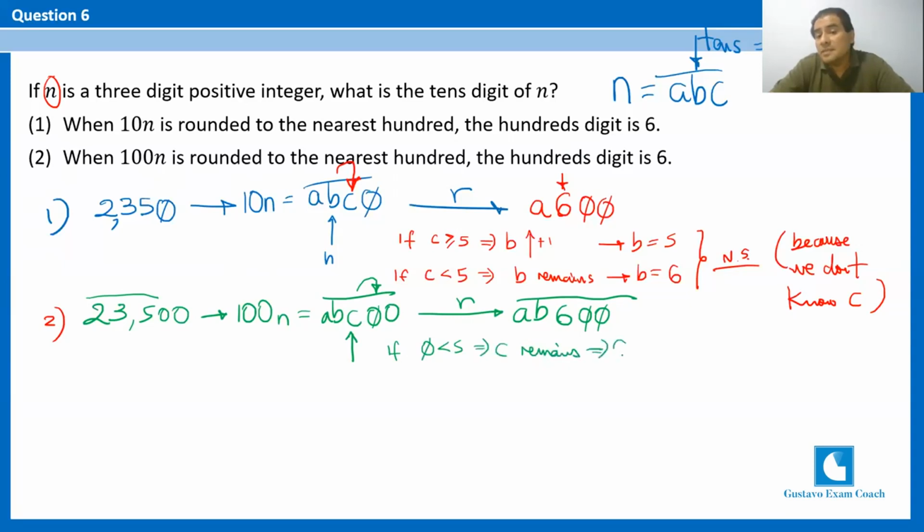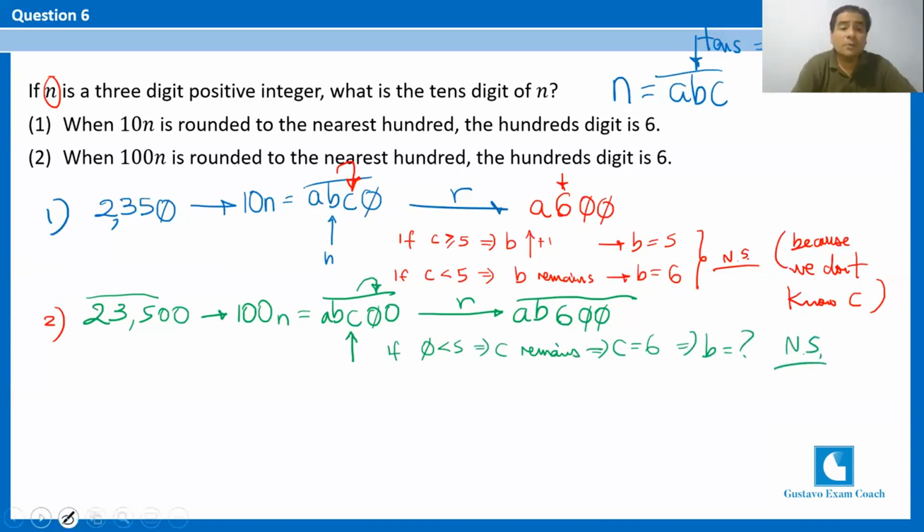So this means C equals 6. But knowing that C equals 6 is not yet enough to know what's the value of B. B could be anything. So, as it's still unknown, it's not sufficient.